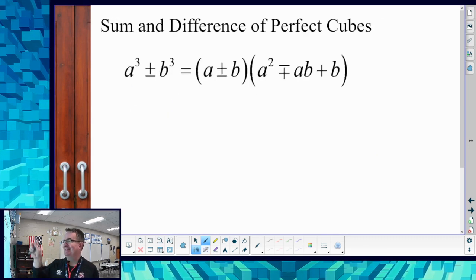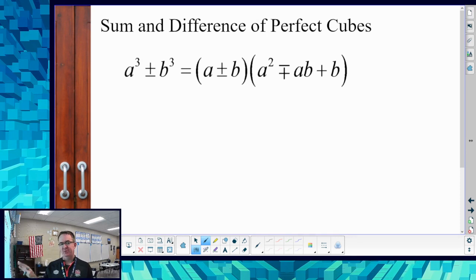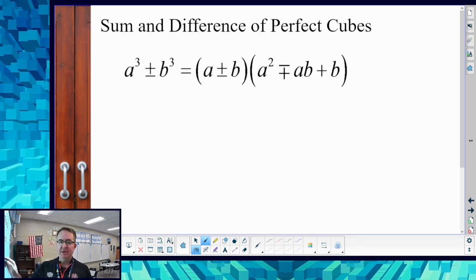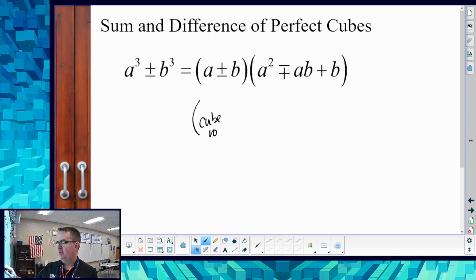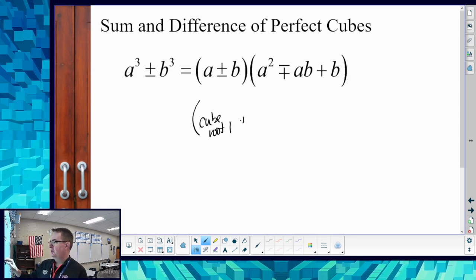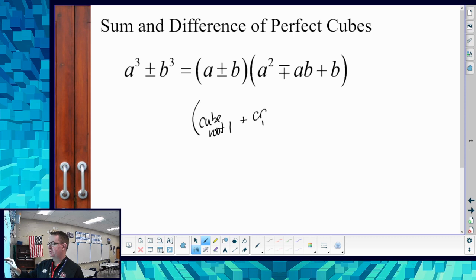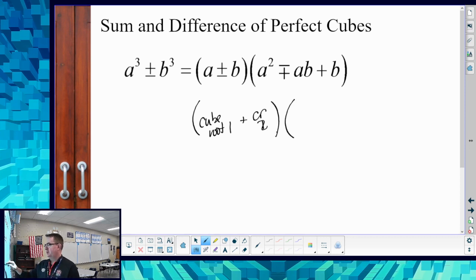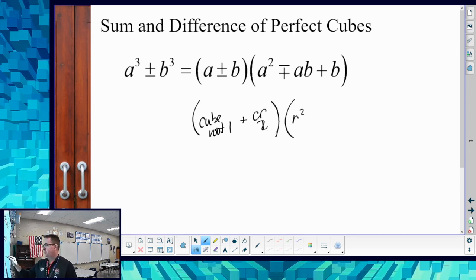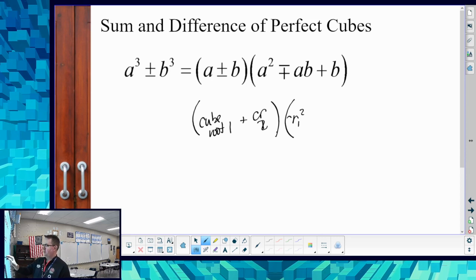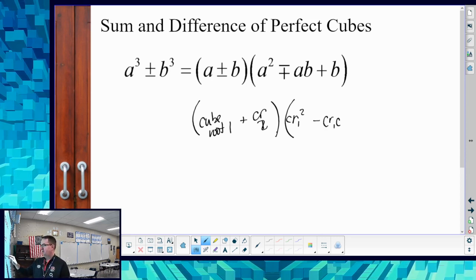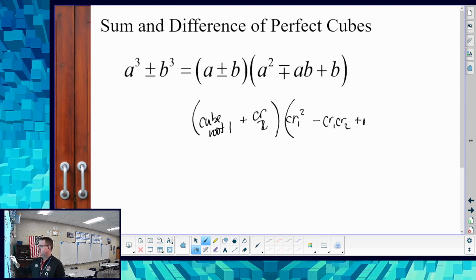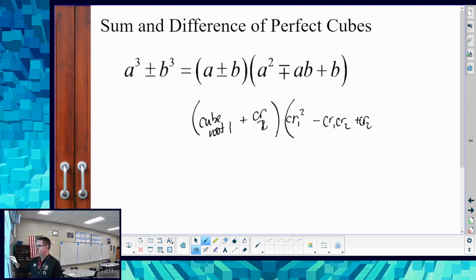But again, this right here, most of the time people don't need, because they're remembering that it's falling out to become, you've got your cube root 1 plus cube root 2 times your cube root 1 squared, minus cube root 1 times cube root 2, plus cube root 2 squared.